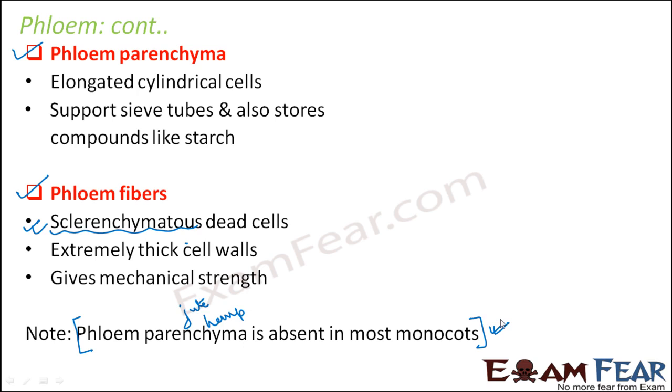Now, when you talk about monocotyledonous plants, I'm sure you all remember what is a monocot and what is a dicot. Monocot is the one which has only one cotyledon. Cotyledon is nothing but the seed leaf. And dicot is one which has two cotyledons or two seed leaves. We have spoken about all these things in the diversity chapter, so you can recap that if you want to know more about monocots and dicots.